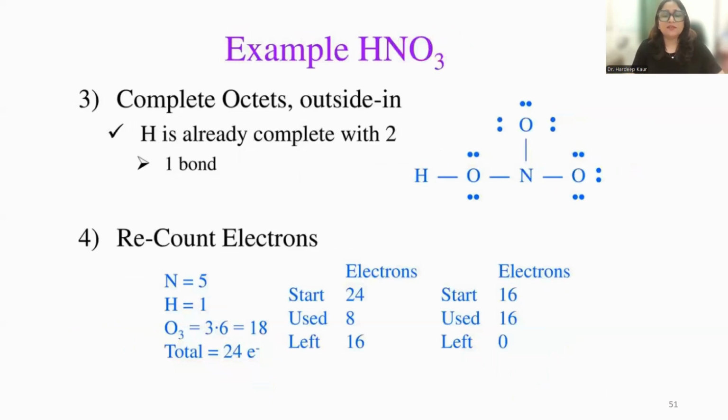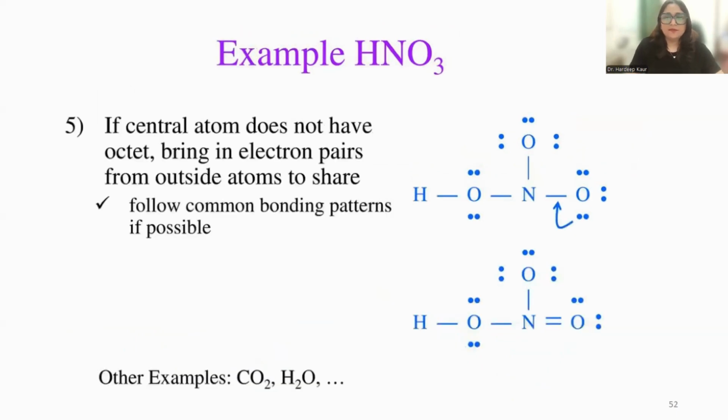But hydrogen is already complete with the 2. Now, I have already recounted the electrons. You can see here this oxygen atom whose valence electrons can be used as a double bond.